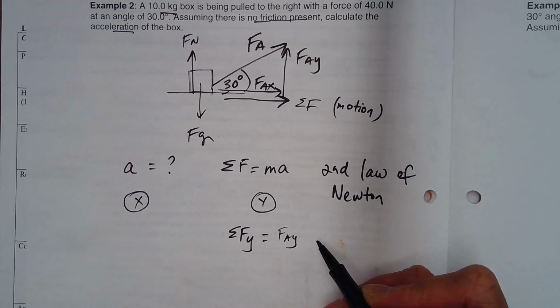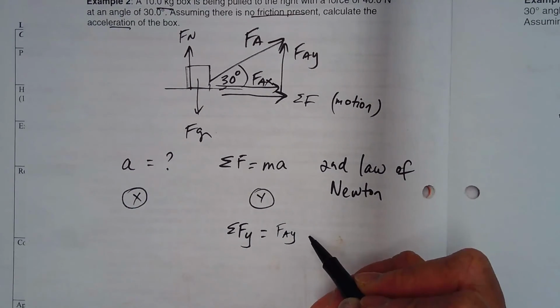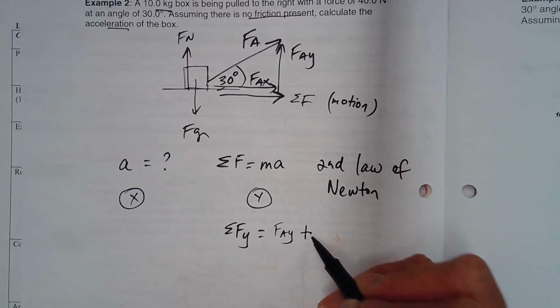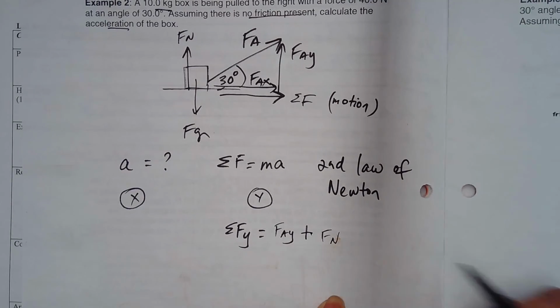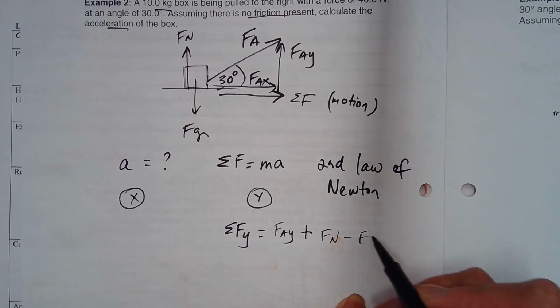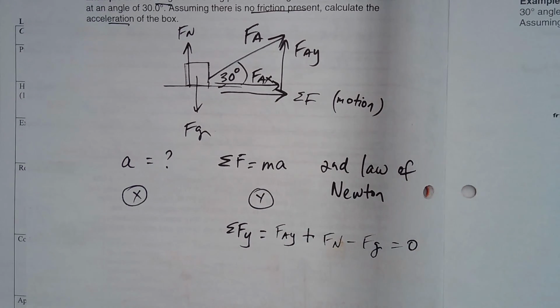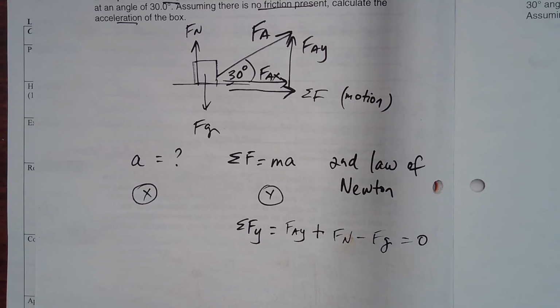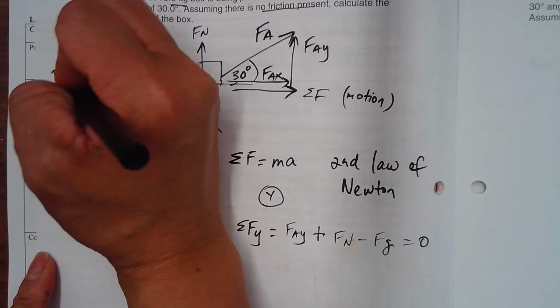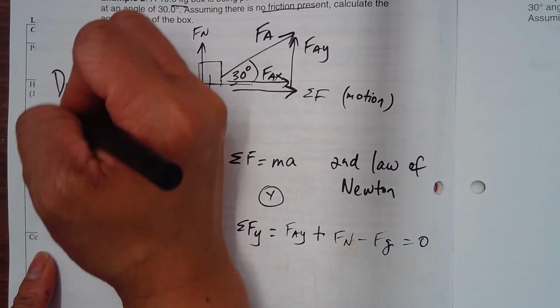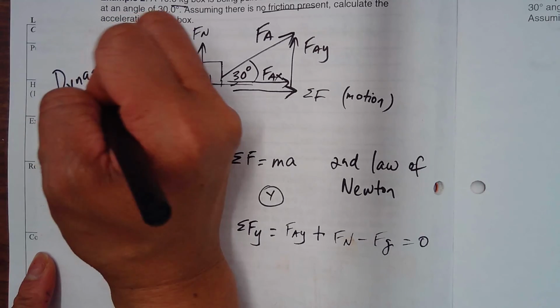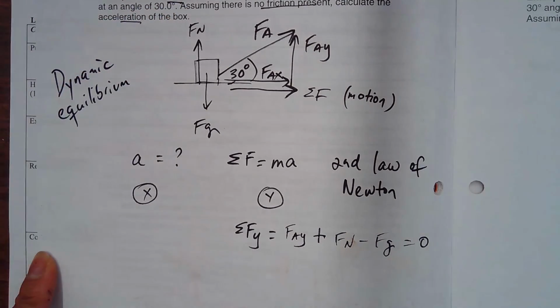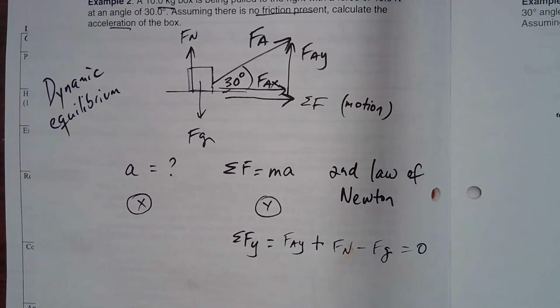FAY. That's going up, so that's plus FN minus Fg equals 0. So it's a state of static equilibrium. This is a dynamic equilibrium. Why do we know this is dynamic equilibrium? It's moving, right? Still at equilibrium, even though it's moving.